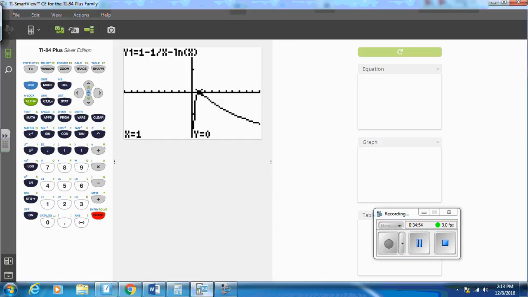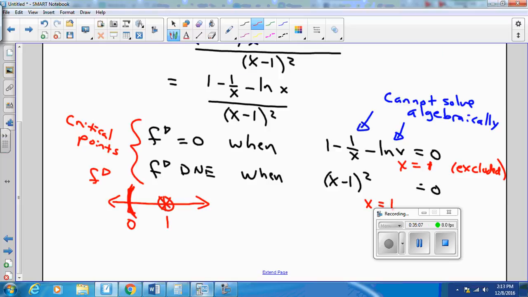So I have these two intervals that are defined by the single critical point x equals 1, and the bonus part of my graph is that it immediately shows whether my derivative is positive or negative here. Well, no, it actually shows the sign of just the numerator. So let's go back to our equation and plug in a value of x that is greater than 1, plug in a value of x that is less than 1.